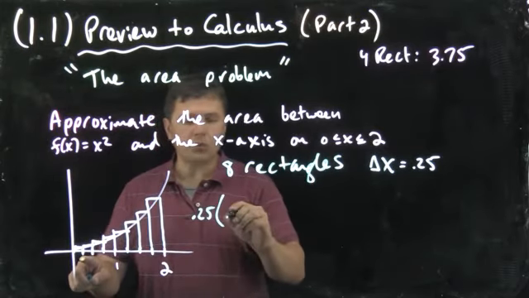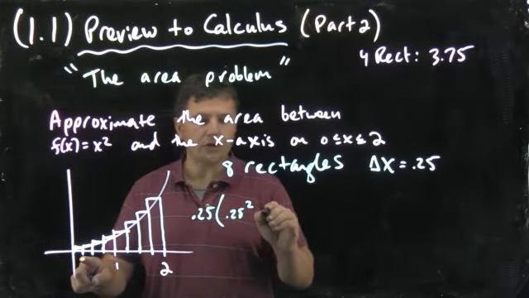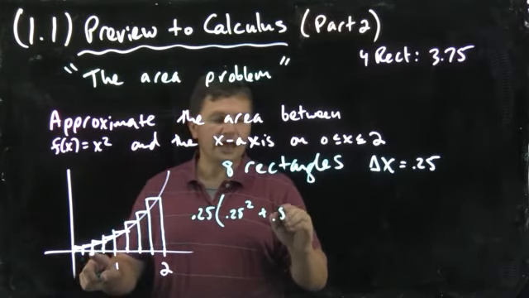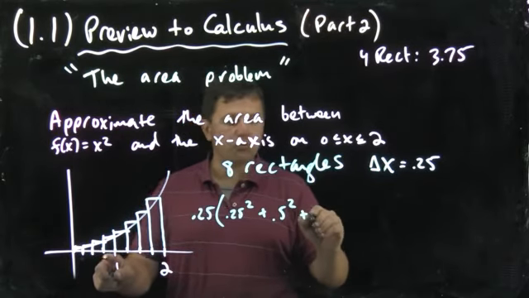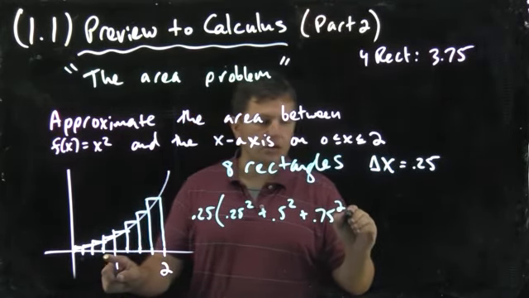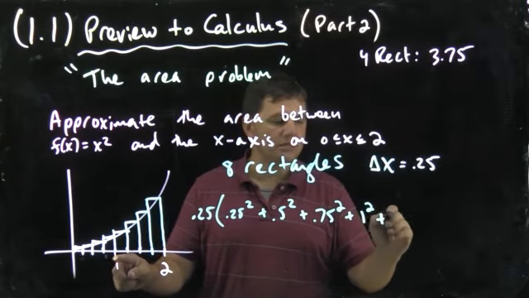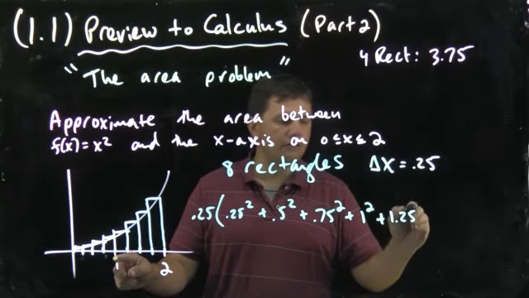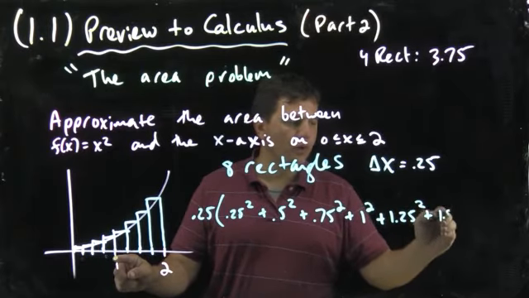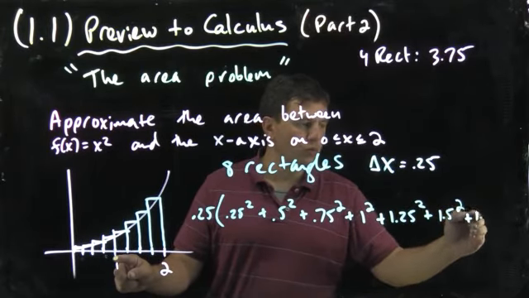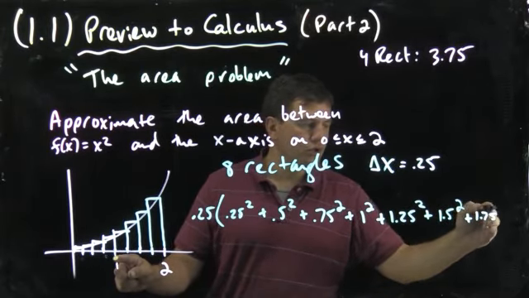So the first one would be 0.25 squared plus 0.5 squared plus 0.75 squared plus 1 squared plus 1.25 squared plus 1.5 squared plus 1.75 squared.